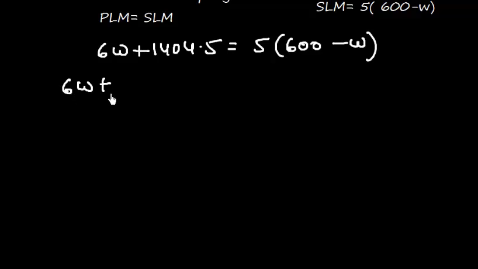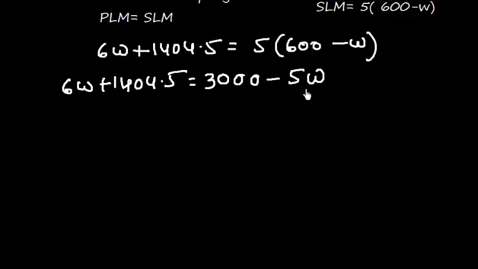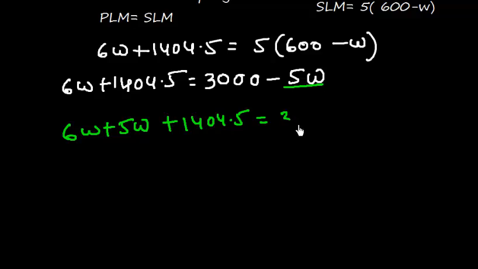Like this, 6W plus 1404.5 is equal to, now let's multiply this 5, 5 times 600 is 3000, minus 5W. Now I take this 5W on left hand side, so I have 6W plus 5W plus 1404.5 is equal to 3000.